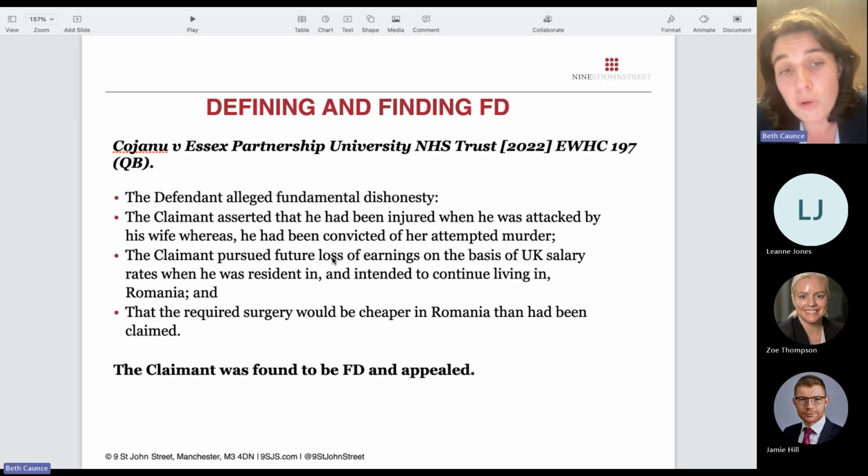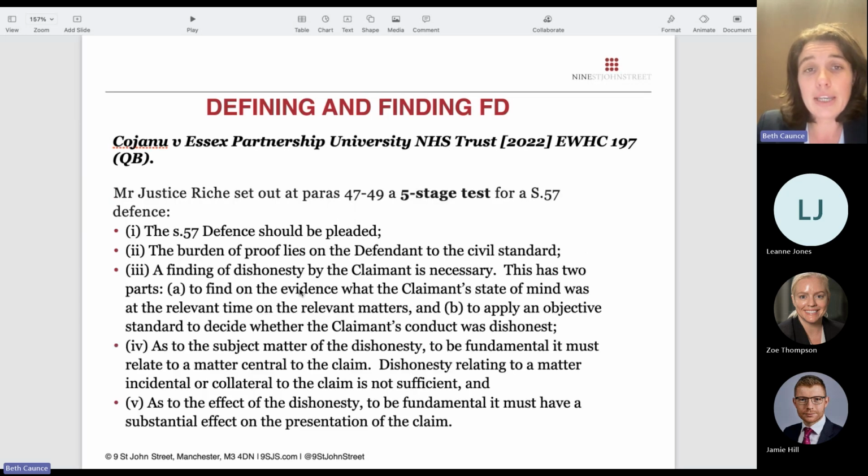And as a similar point, that the required surgery that he would, if he had it, have in Romania now that he lived there, would be cheaper than if he'd had it in the UK, which was what was being claimed. Based on those 3 points that the defendant put forward, the claimant was found to be fundamentally dishonest. And again, perhaps unsurprisingly, he appealed against that decision.